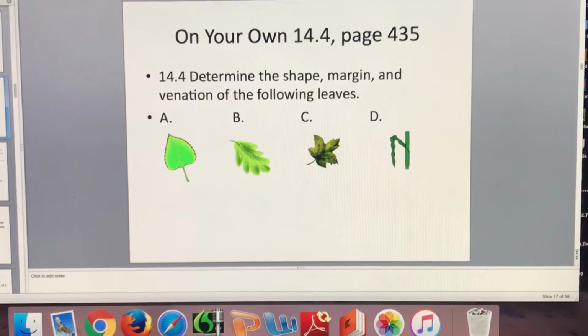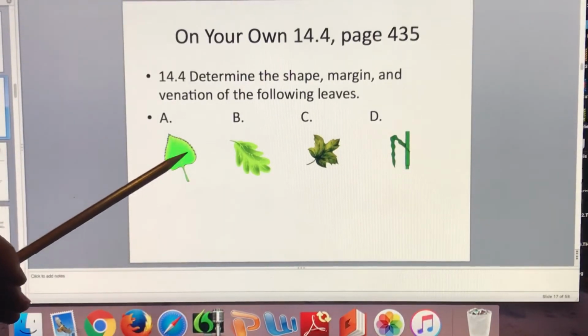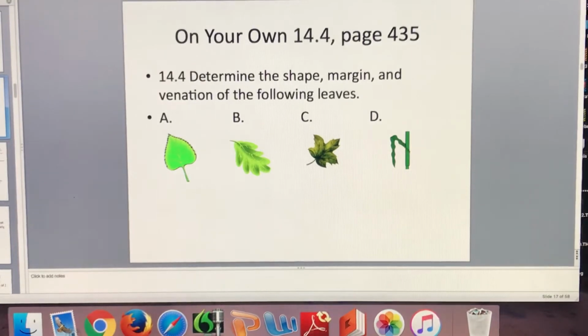All right, so let's look at On Your Own 14.4 on page 435. It says, determine the shape, margin, and venation of these following leaves. So for A, we have the deltoid shape, a serrate margin, which they've sort of exaggerated here, and a pinnate venation. You can see it coming off the midrib there.